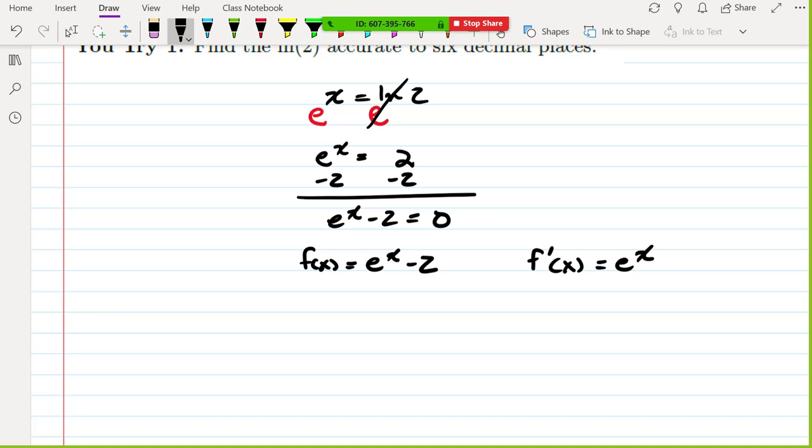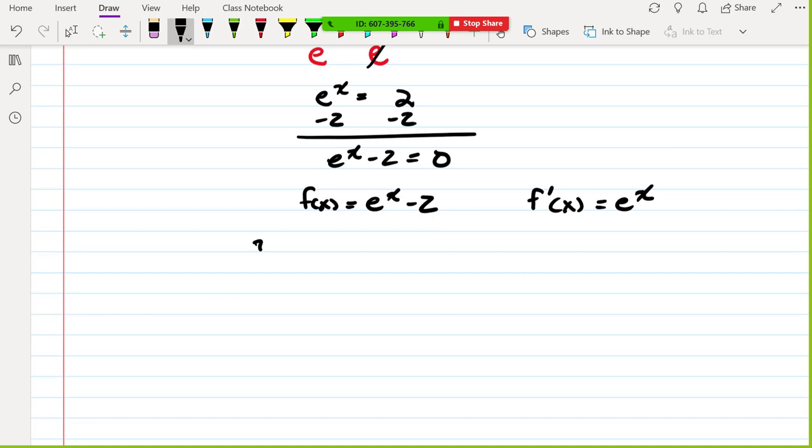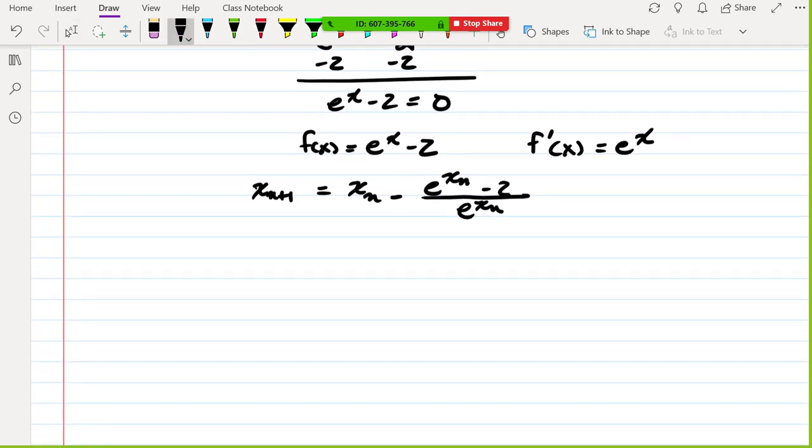So we get our derivatives, and then we need our formula. So x sub n plus 1 is equal to x sub n minus f of x sub n over f prime of x sub n, so e to the x sub n minus 2 all over e to the x sub n. And now we need a guess.